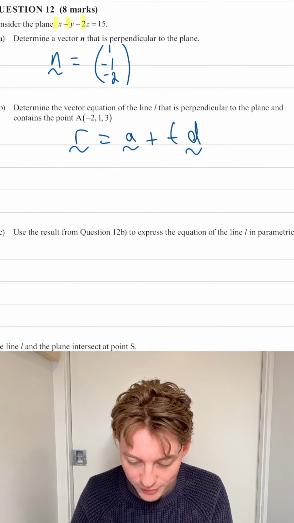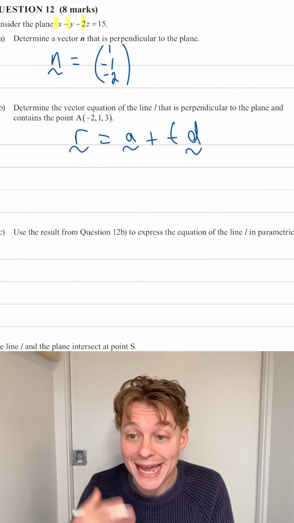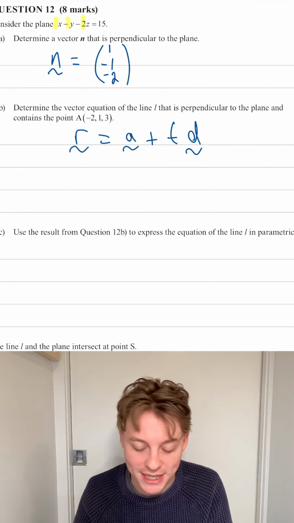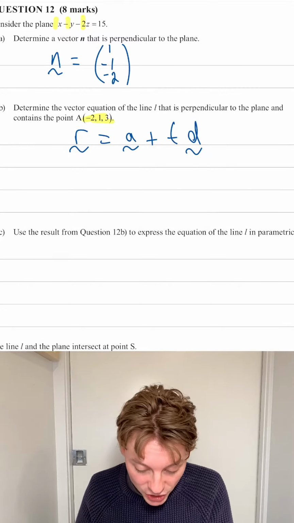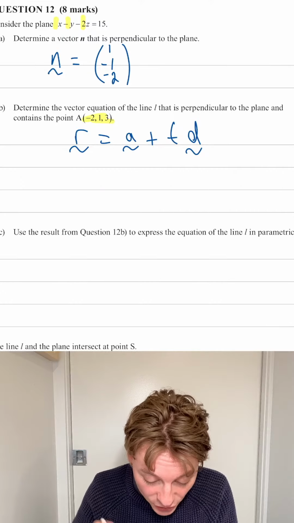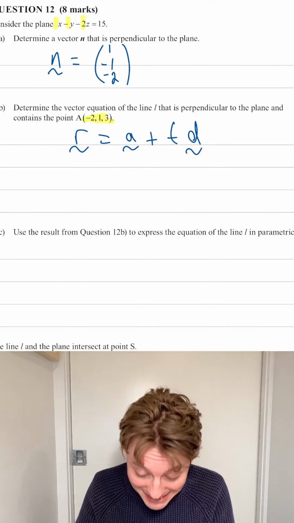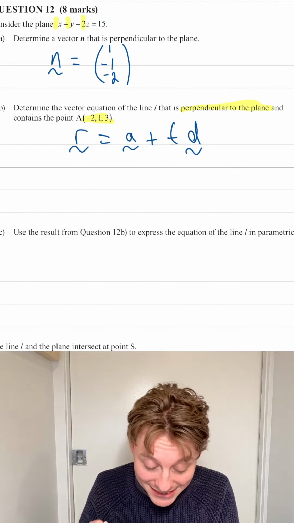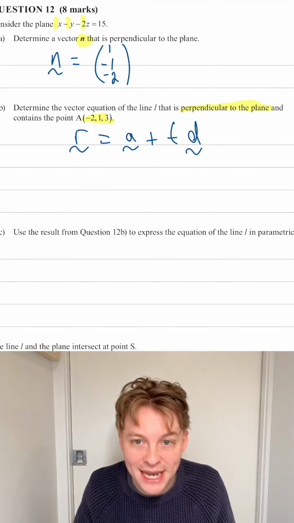Okay, good. So, if I consider all that information, I know a is my y-intercept. That is a point on my line. My point is given in my question. My point is this point here. d is my direction. So we're trying to find the vector equation of a line, L, that is perpendicular to the plane. That means it has the same gradient, the same slope as my normal vector n from part a.